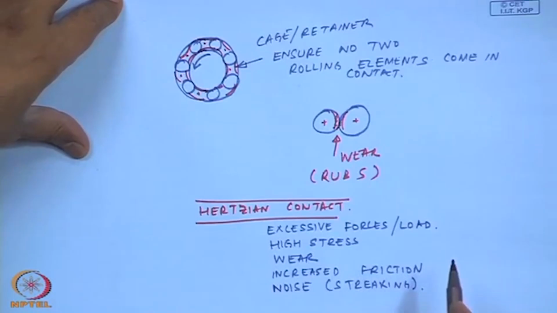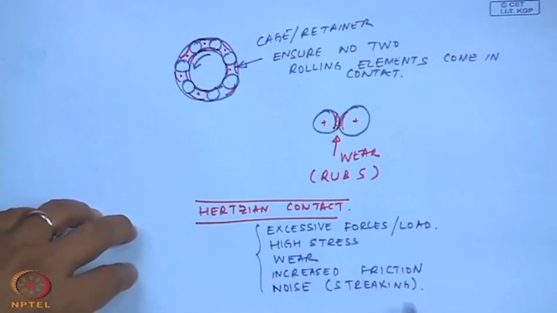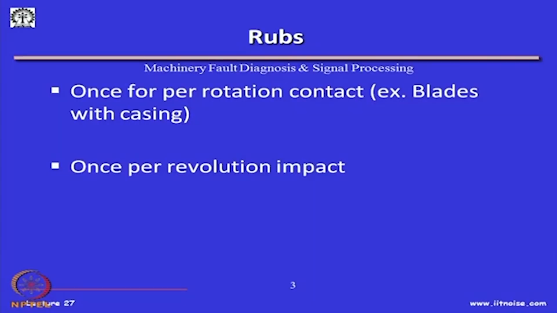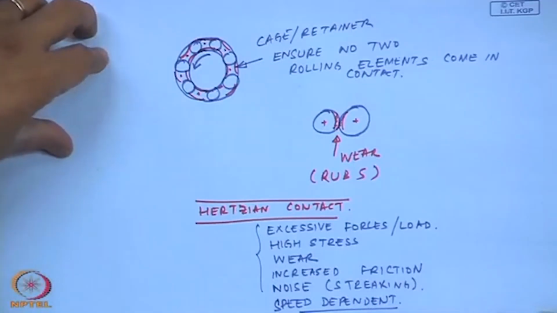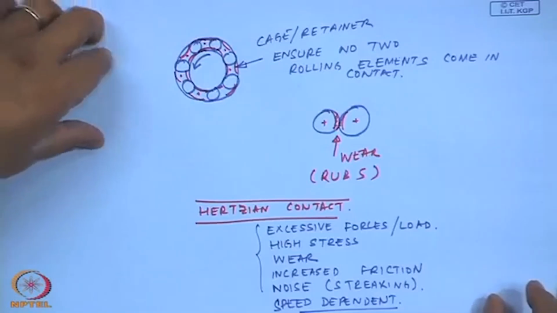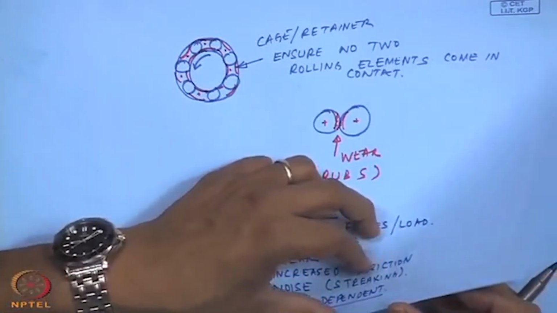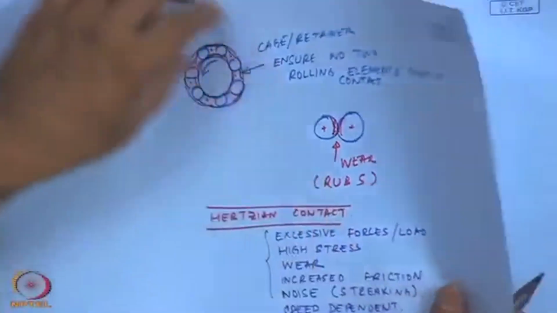So, this would happen, okay, and it will be speed dependent. This kind of happens. Okay. So, we should avoid these rubs from occurring.